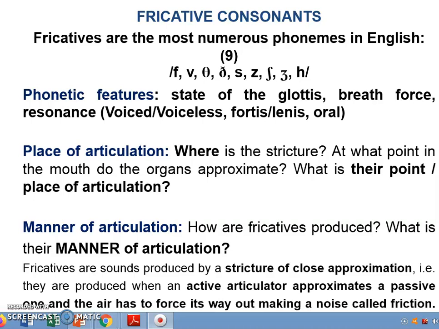And they are called fricatives because they are produced by a stricture of close approximation. That is to say, they are produced when an active articulator approximates a passive one, and the air forces its way out, making a noise called friction.